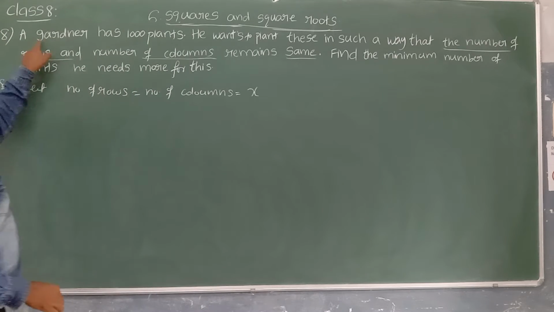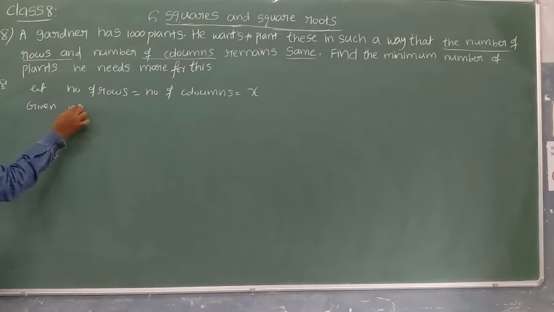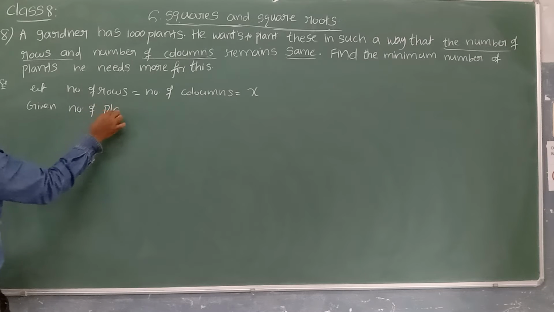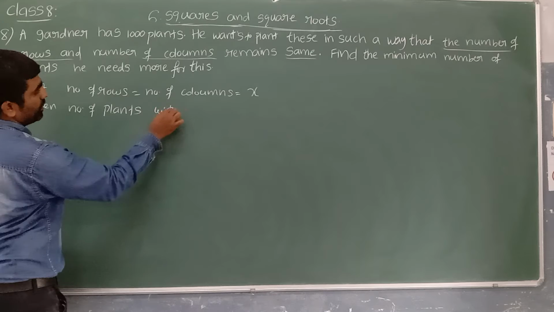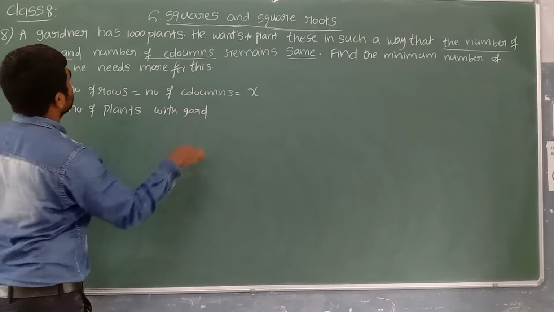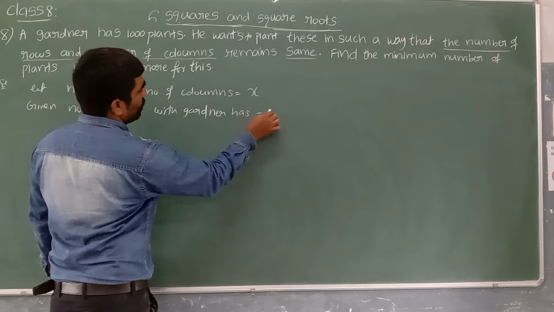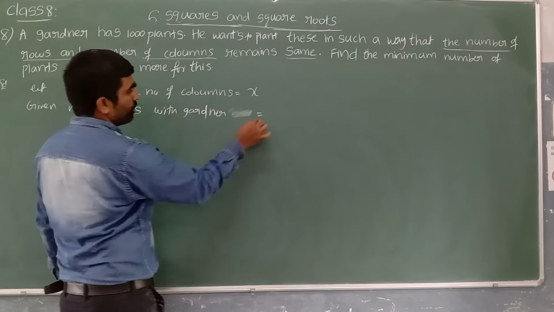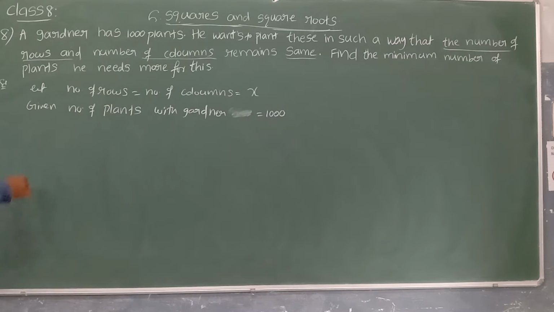Now what is given? The number of plants with the gardener is equal to 1000 plants. So the total number of plants is 1000.